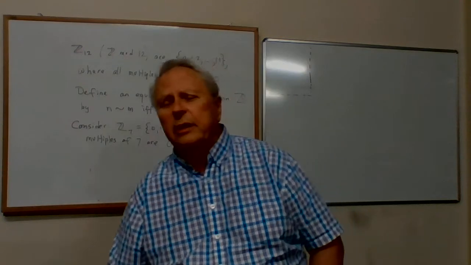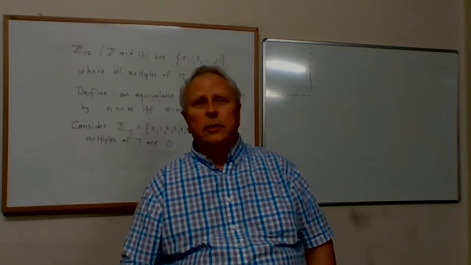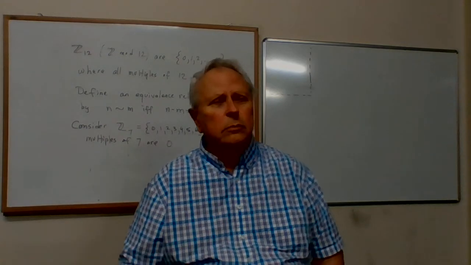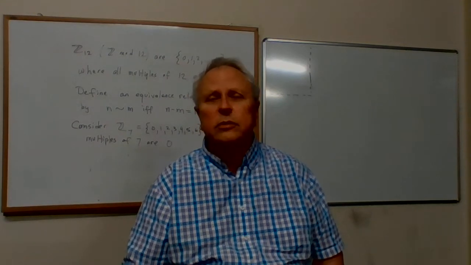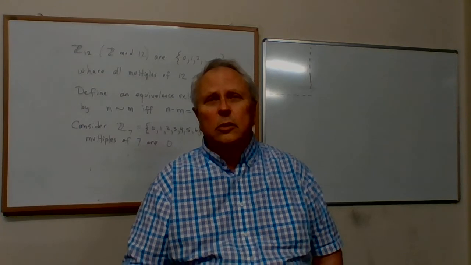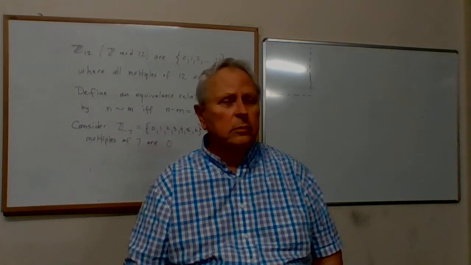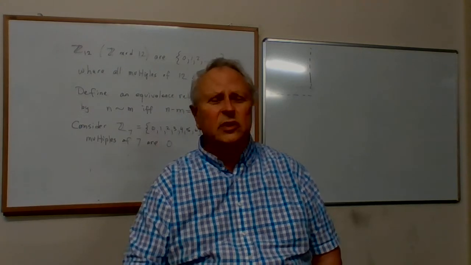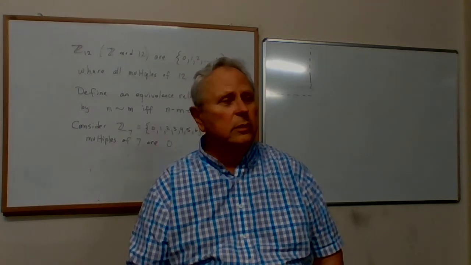If I'm in Z mod 7, where every multiple of 7 is 0, then what's 2 times 5? Well, 2 times 5 is 3. Because we would think of 2 times 5 as 10, but 7 is 0, so 10 is 3.